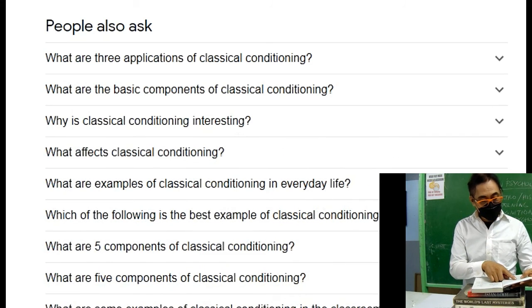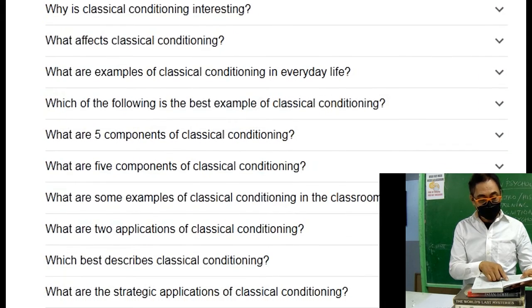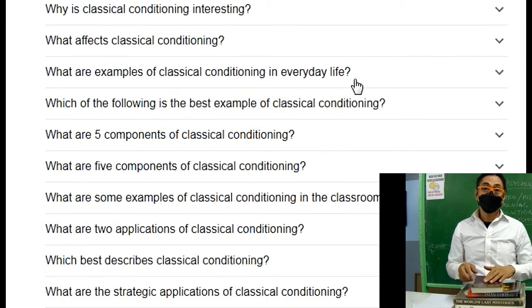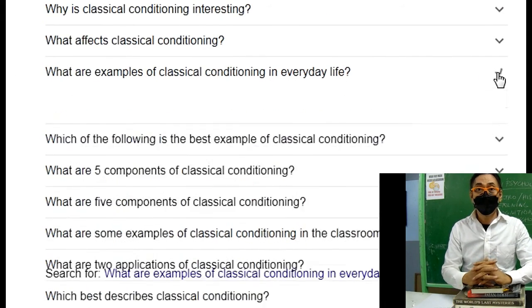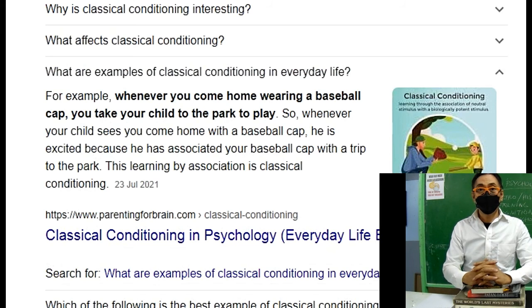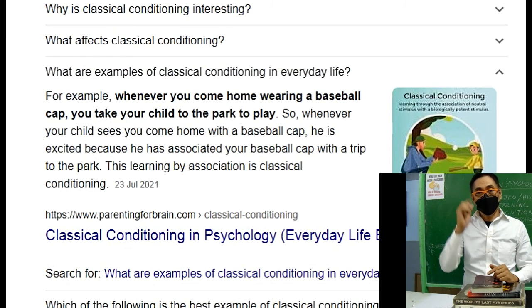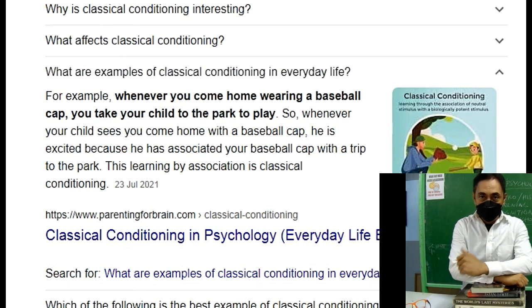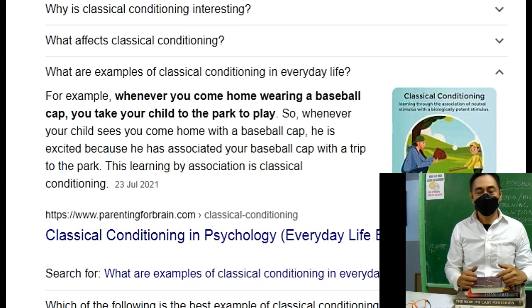Next question: what are examples of classical conditioning? For example, whenever you come home wearing a baseball cap, you take your child to a park to play. So whenever your child sees you come home with a baseball cap, he is excited because he has associated your baseball cap with a trip to the park to play.